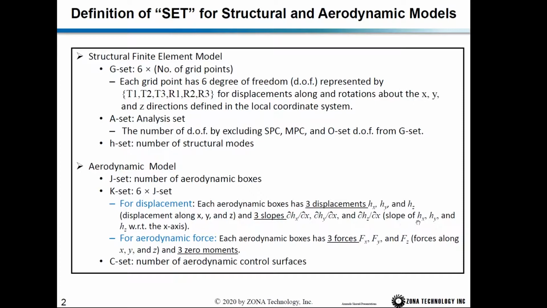That means the slopes of the 3 displacements with respect to the x-axis. Why do we only need the slopes along the x-axis? Because in the boundary condition, only those terms appear.